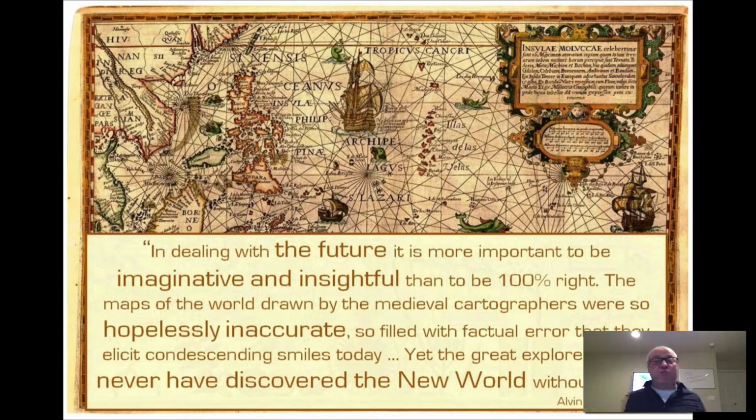So on the next slide, we're looking at our crazy map of the early explorers. This is one that's sometimes hard for people to understand because we say here that it's more important to be imaginative and insightful than it is to be 100% right. Boy, that's hard in most of our organizations today, which require you to be right, get the numbers right, don't fail, don't trip up, don't mess up.